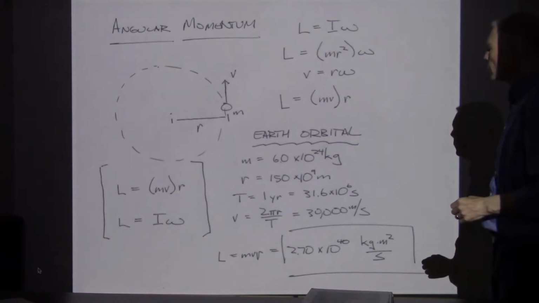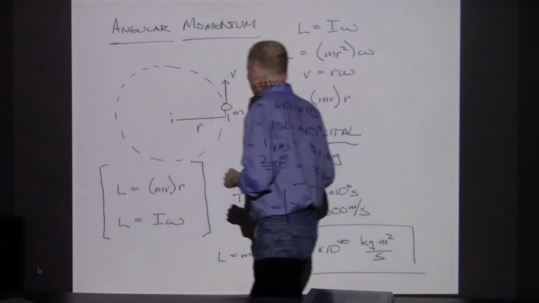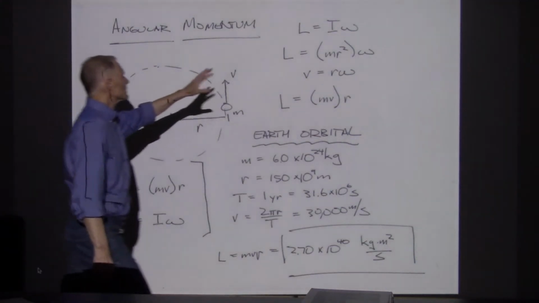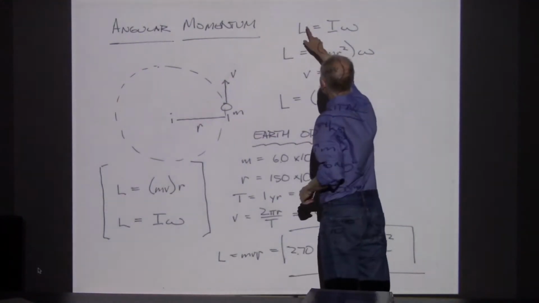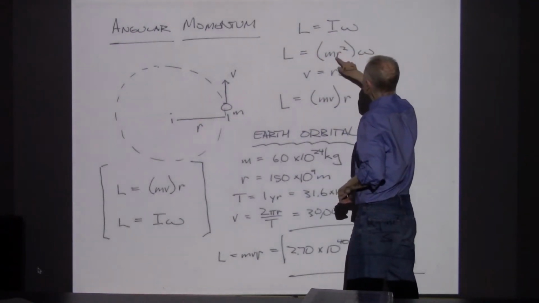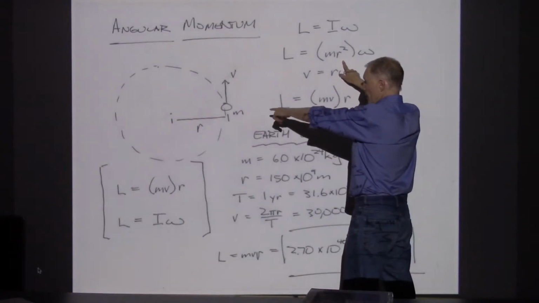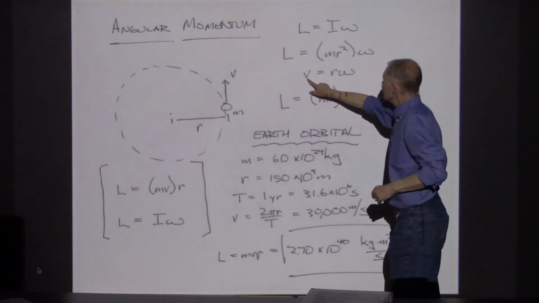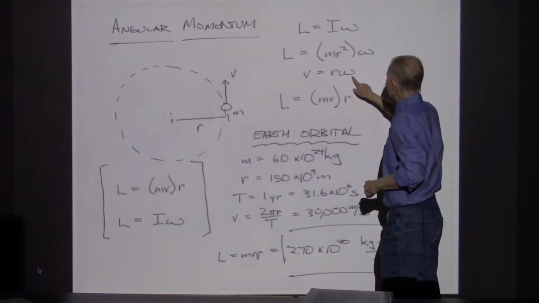So angular momentum can be written as, well, let's start up here. If we start with L equal to I omega, I could be written as mr squared for that object. And then omega is omega, but wait a minute, v is equal to r times omega.